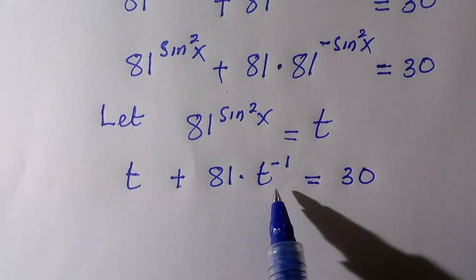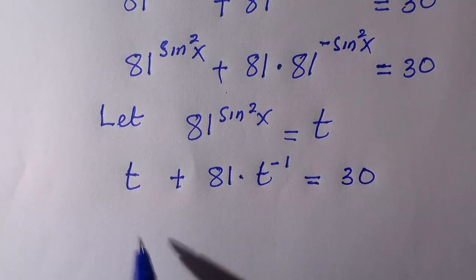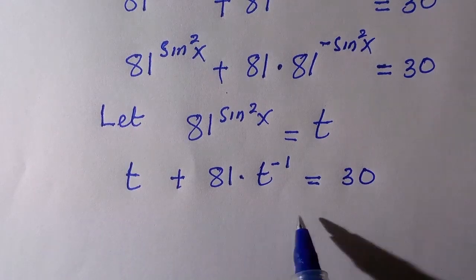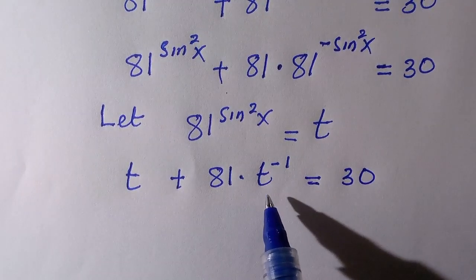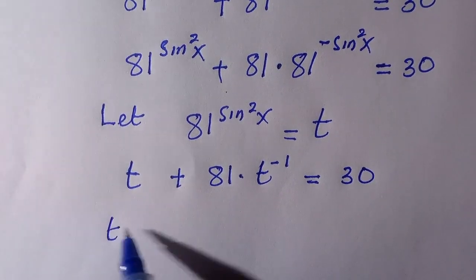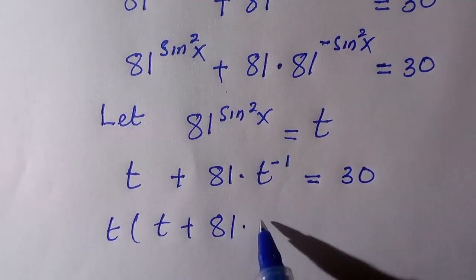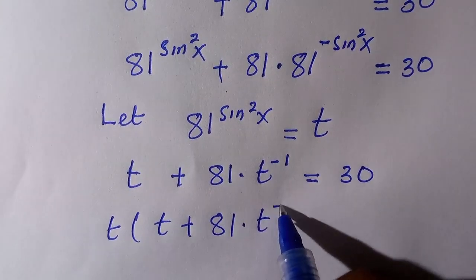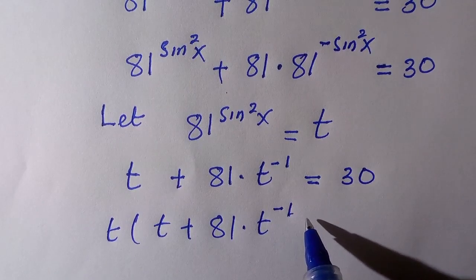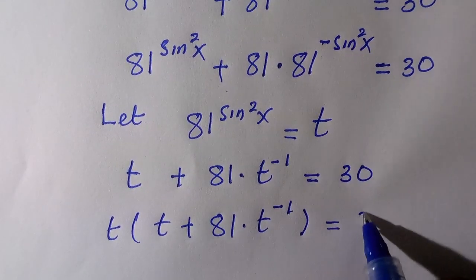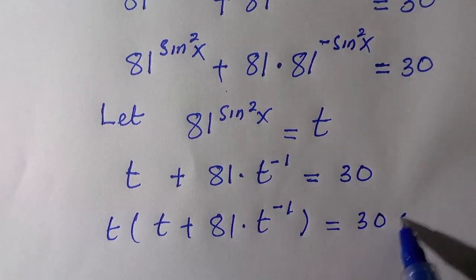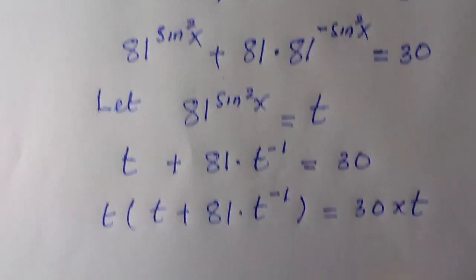And t to the power of minus 1, we can multiply by t to make this one go. Here we have t bracket t plus 81 multiplied by t to the power of minus 1 equals 30 multiplied by t.